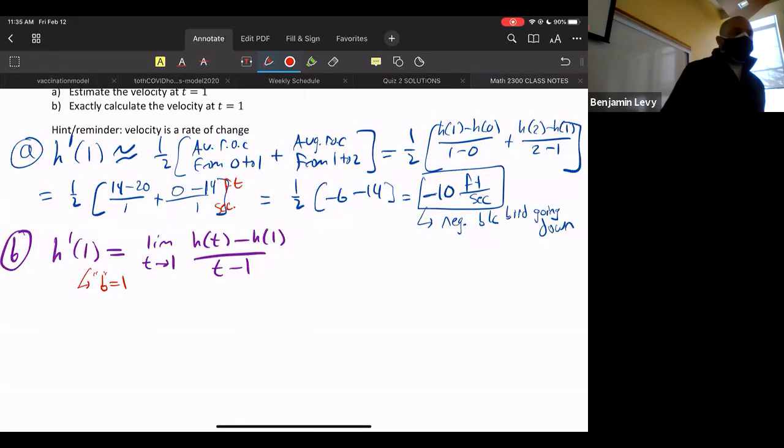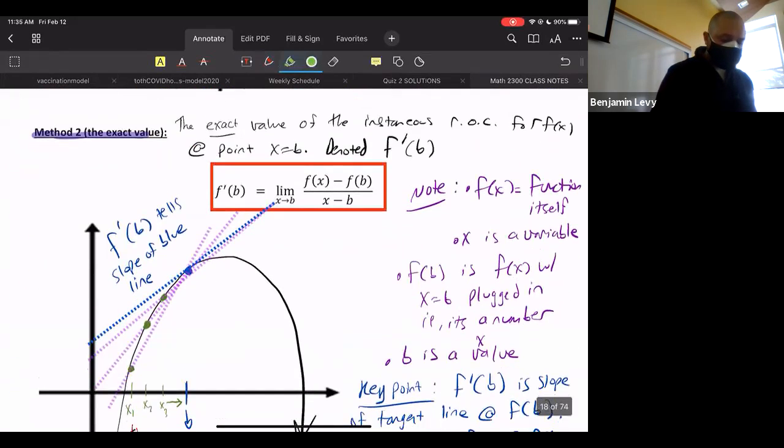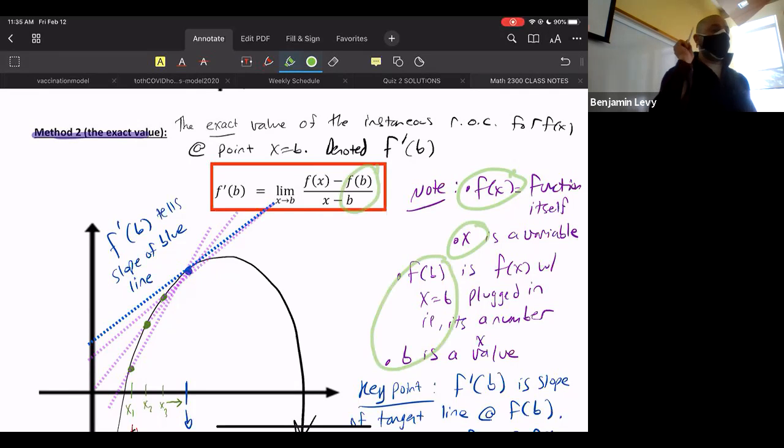All right, so let's start plugging stuff in. I mentioned this last time, but I'll remind you again up here on the right. The f of x is just going to be the function. X is just a variable, in this case a t. These two things are numbers. So f of b is b plugged into the function, and b is just a number. So the things on the right are going to be numbers, and the things on the left are going to have variables.